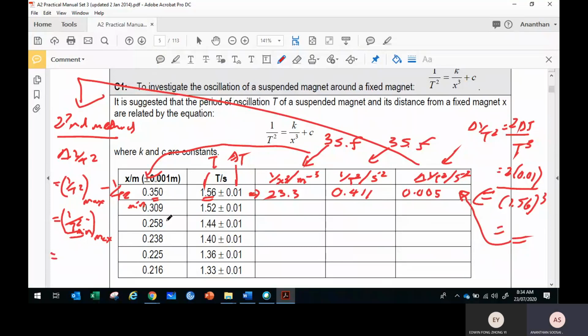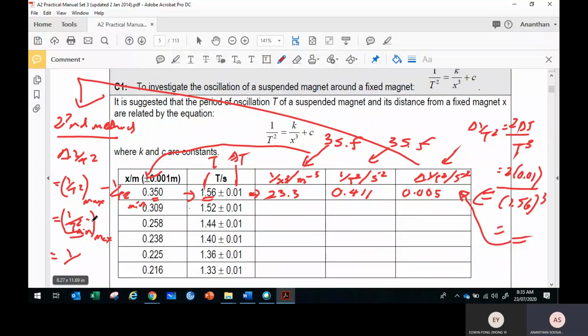So for your first data, how to find 1 over t squared maximum? So 1 divided by the minimum t it can go for the first data. The first data is 1.56 plus minus 0.01, so 1.56 can go lowest to 1.55 and highest to 1.57, as a range.